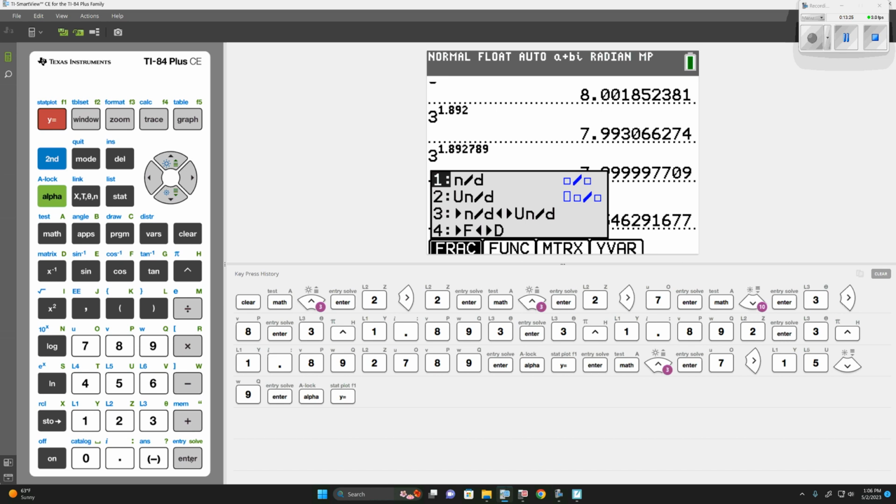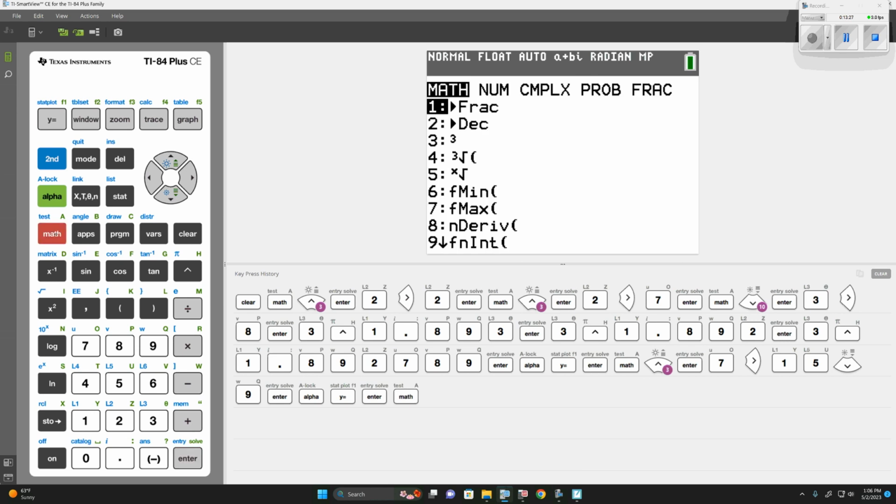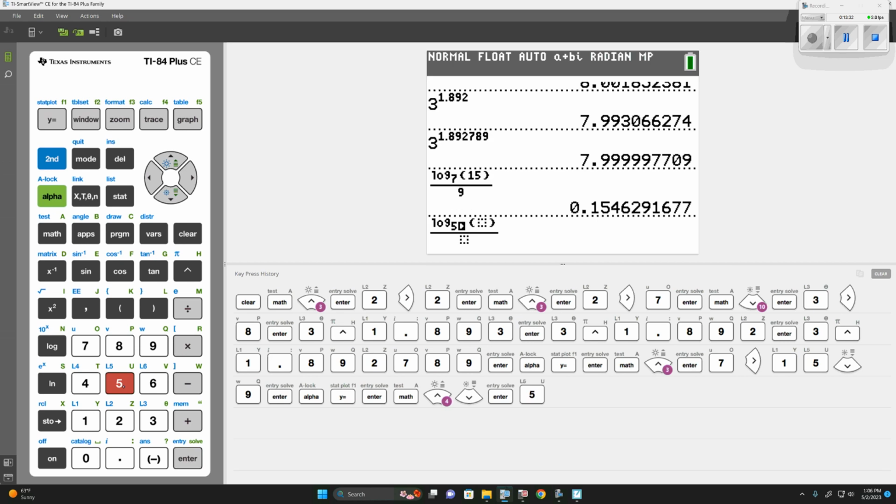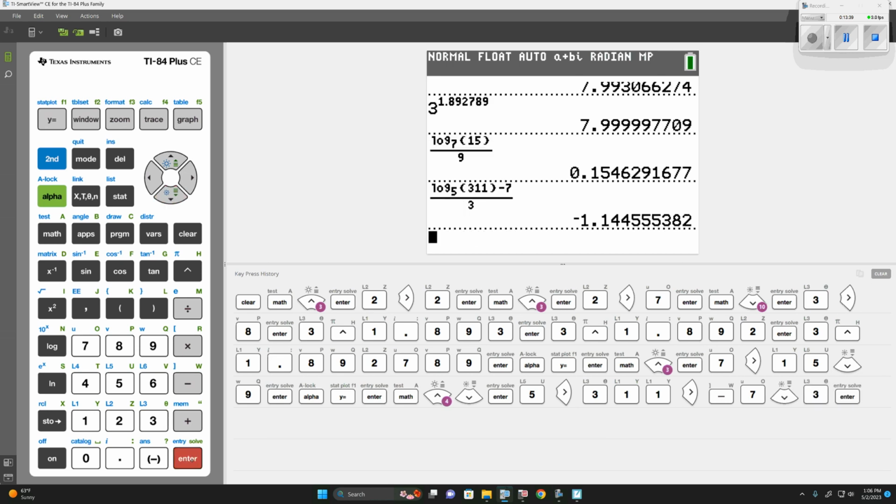Alpha y equals enter. Math. Log base 5 of 311 minus 7 all over 3 is 1.145.